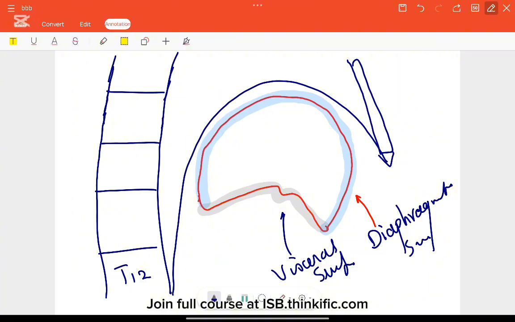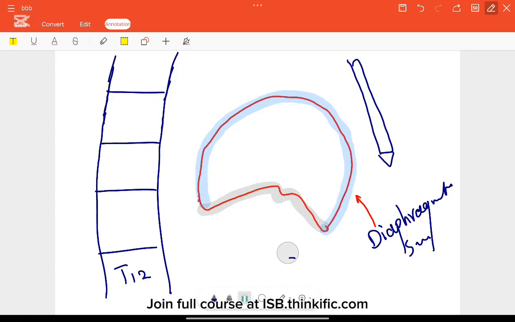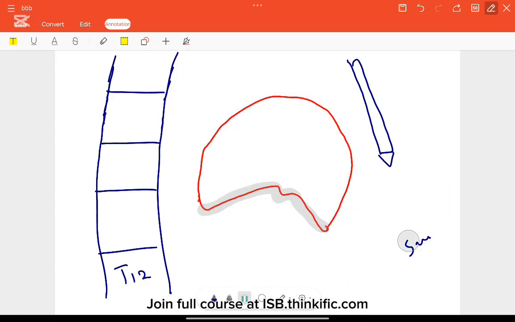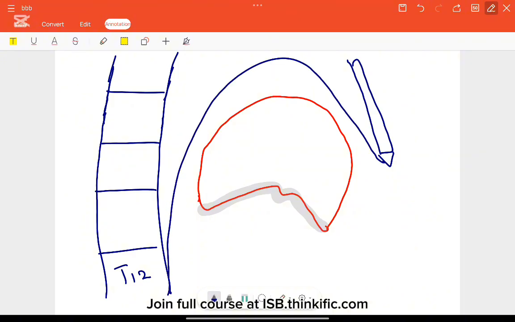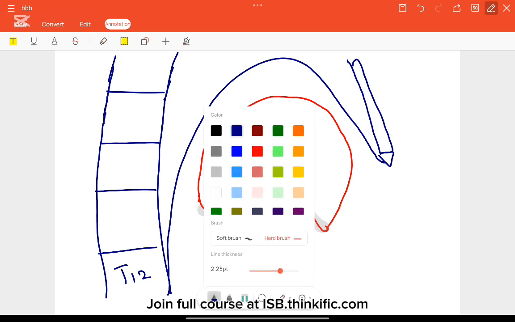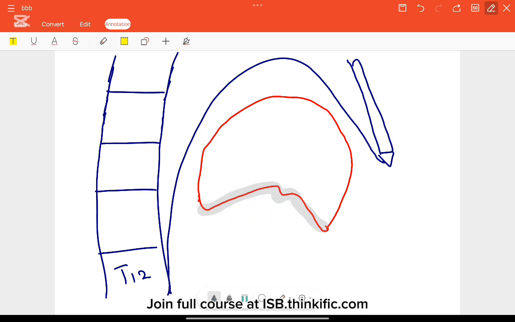Okay? Now there's a very important point about the diaphragmatic surface. When we draw the peritoneum, first I will draw the abdominal wall. That's the abdominal wall.